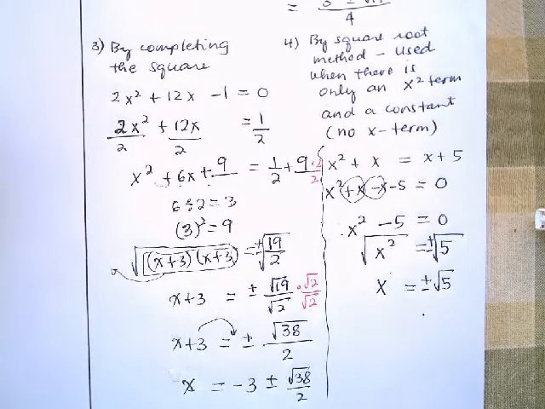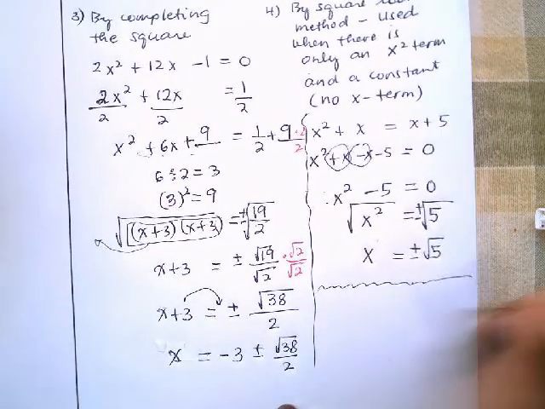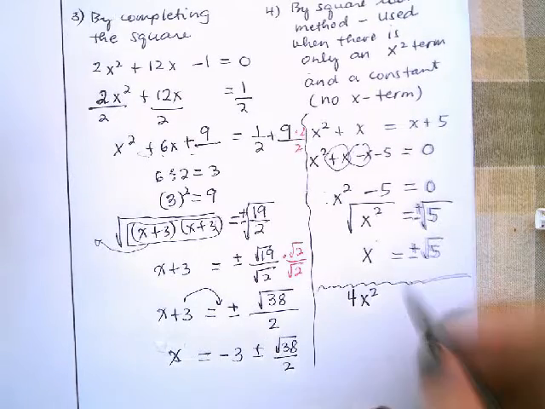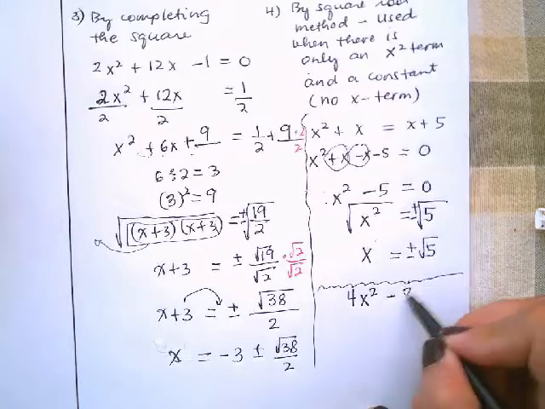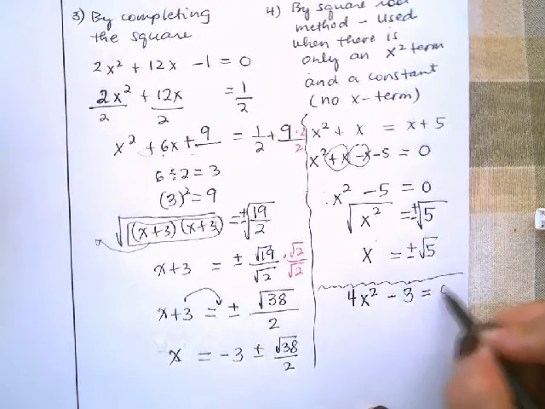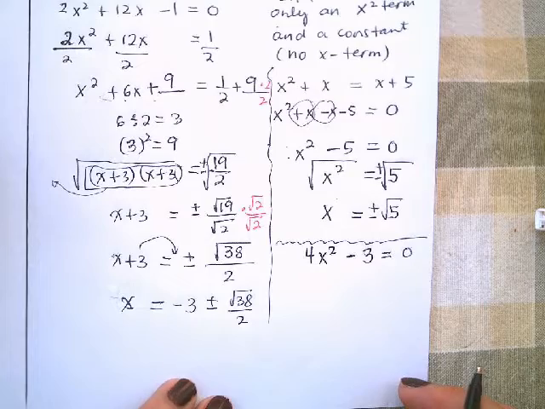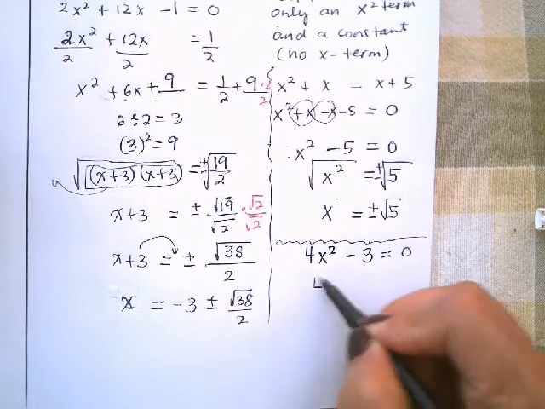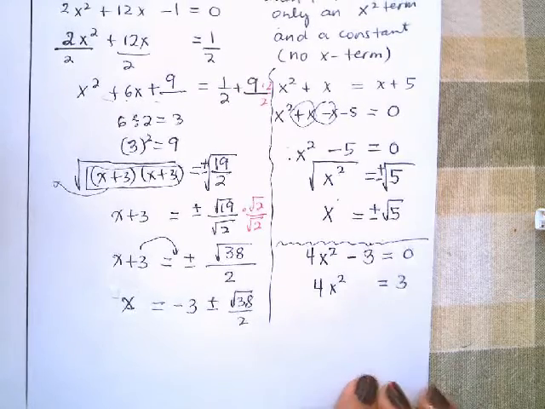So that is the square root method. Let's have another example. Let's say you have 4x squared minus, let's say, -3, is equal to 0. So there is no x term again, so we can attempt the square root method. Let's just put the 3 on the other side. It turns positive.